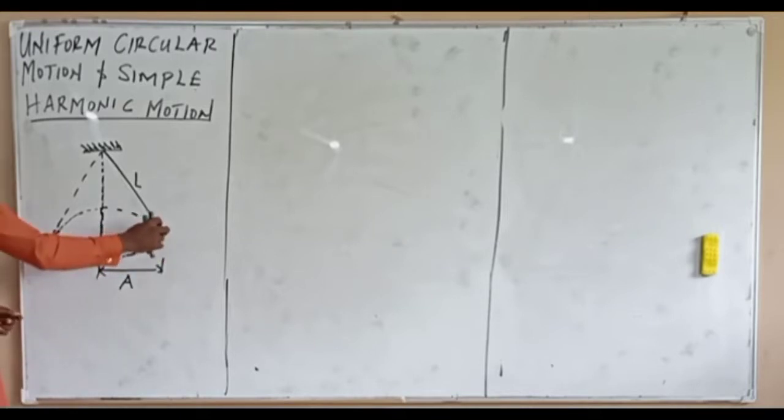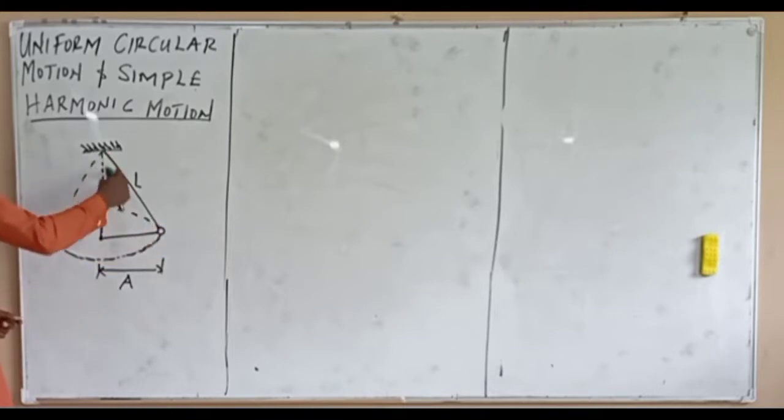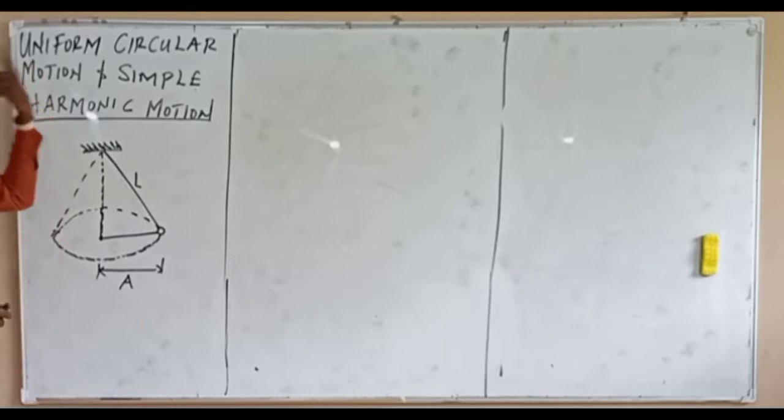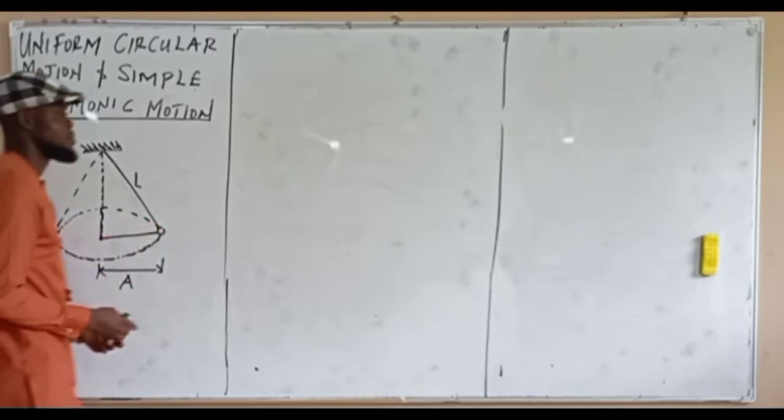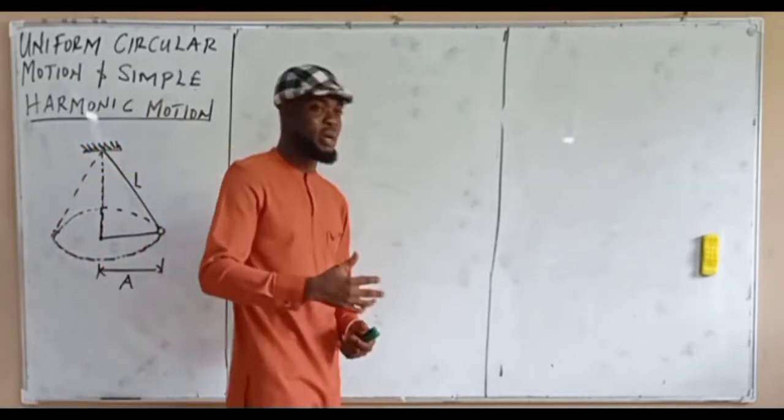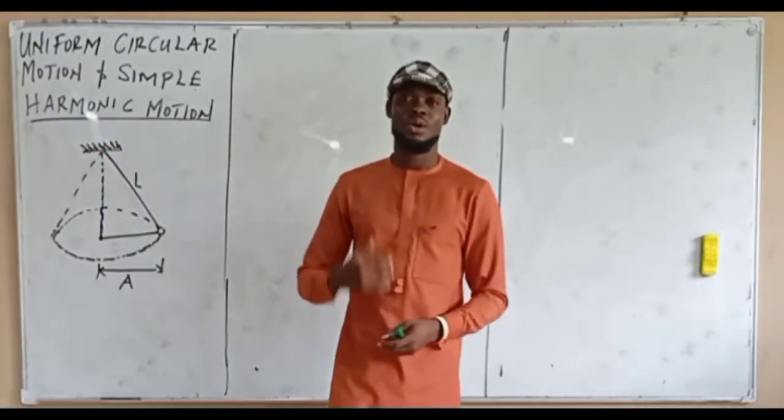Now, if you raise this pendulum to this place, this is a thread holding the pendulum ball to a fixed point, like a ceiling or any point that you hold it, or a clamp. And if you leave it, it's going to be swinging at equal time intervals. So this swinging, or periodic motion of this pendulum ball, is what we call a simple harmonic motion.